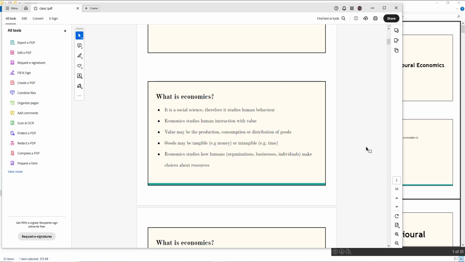Okay, so what is economics? Economics is a social science, because it deals with human behavior. Economics basically is the study of how people use limited resources which have alternative uses, effectively and efficiently. How people are effectively and efficiently using these resources which are scarce in society.